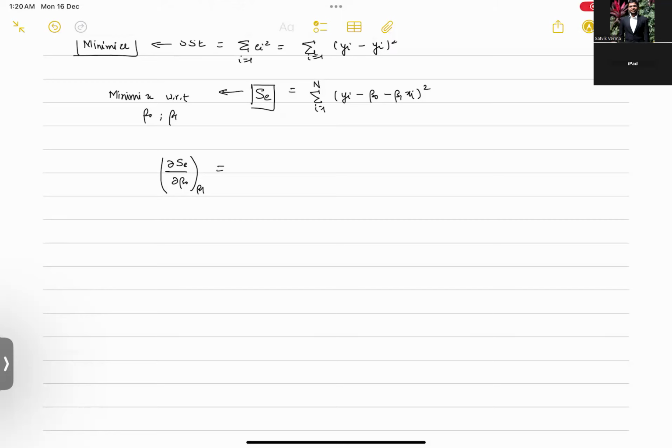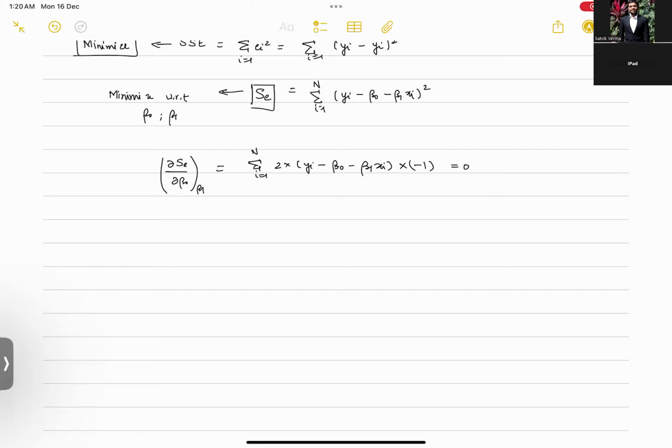differentiation. So we could write this as summation i equal to 1 to n, 2 times yi minus beta naught minus beta 1 xi, right? And multiplied by minus 1, because the derivative of the inside function with respect to beta naught is minus 1, right?